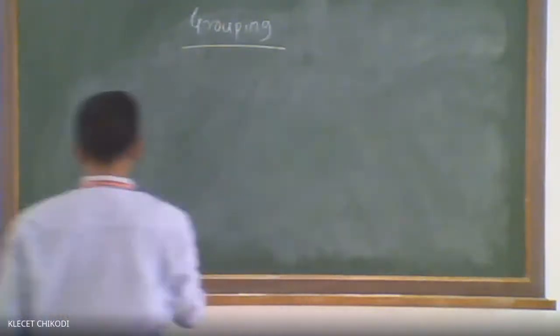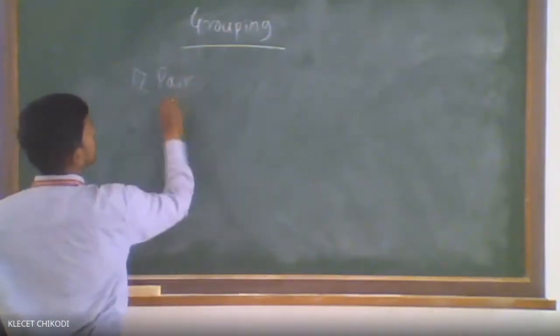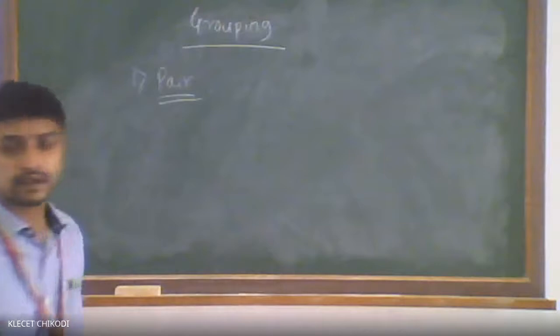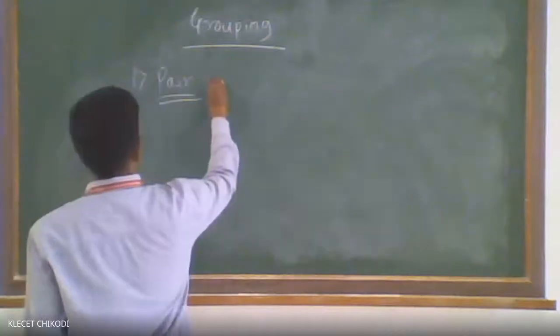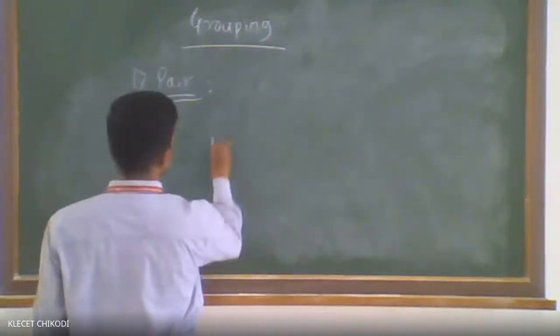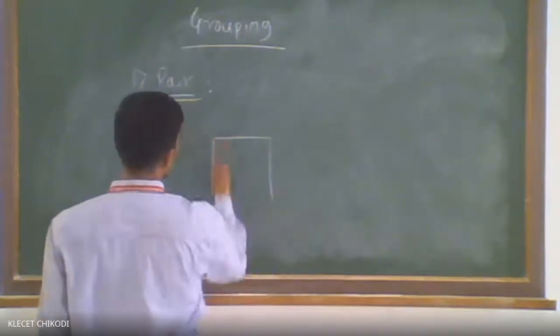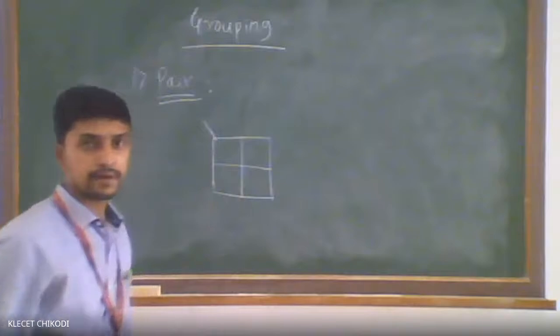So first we will see how to make a pair in K-map. I will consider the 2-variable K-map here.